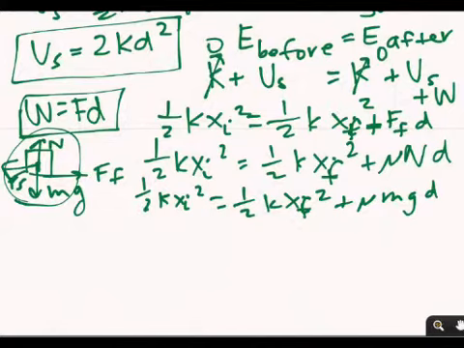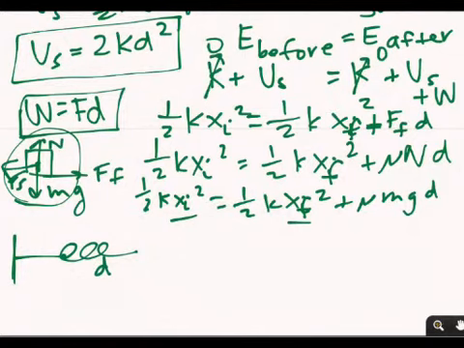Okay, now we need to plug in how far it's compressed or stretched. So let's draw this picture again and try to decipher this. So first of all, it told us that at position D, that's your equilibrium. So that is where it's not stretched or compressed.